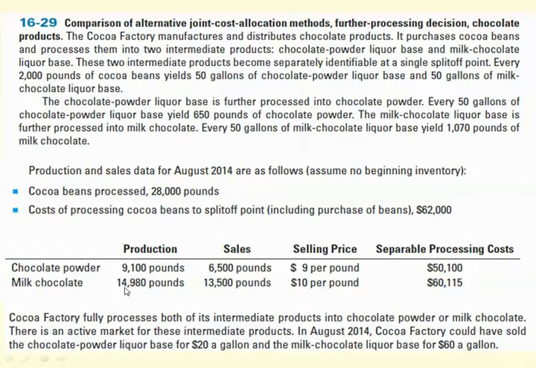For the milk chocolate, we have a production of 14,980 pounds. We sold only 13,500 pounds with $10 per pound as selling price, and we said separable processing costs.